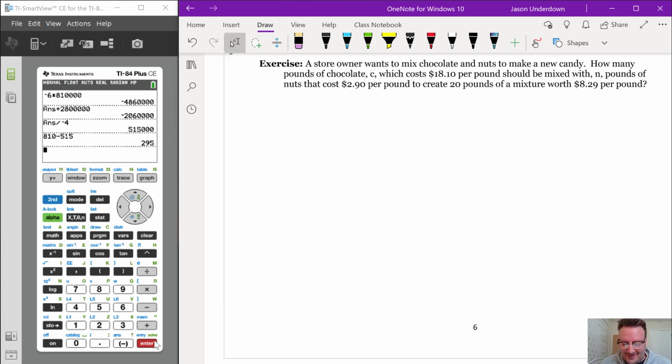Hey, huh? Math is everywhere. So let's see here. They gave us the variables to use: C for pounds of chocolate and N for pounds of nuts. So that's kind of nice. That makes sense. Now we need to extract two linear equations from this description of the problem.